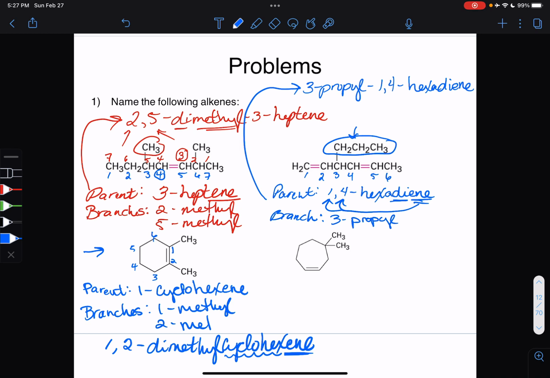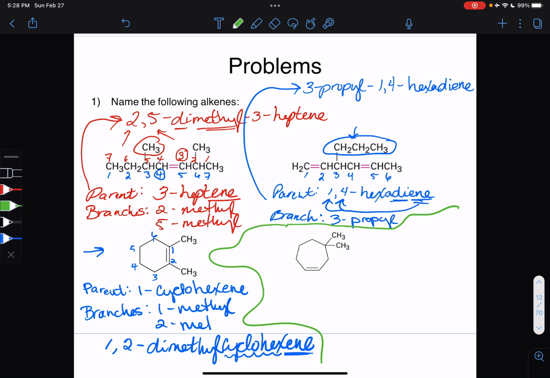Okie dokie, Smokies. Moving on to the structure that we haven't done over here, and let's do green. All right, so if we were just doing a regular cycloalkane, we'd probably want to start number 1 right there, because then we would be giving our branches the lowest number possible. But IUPAC says your double bond takes precedence.